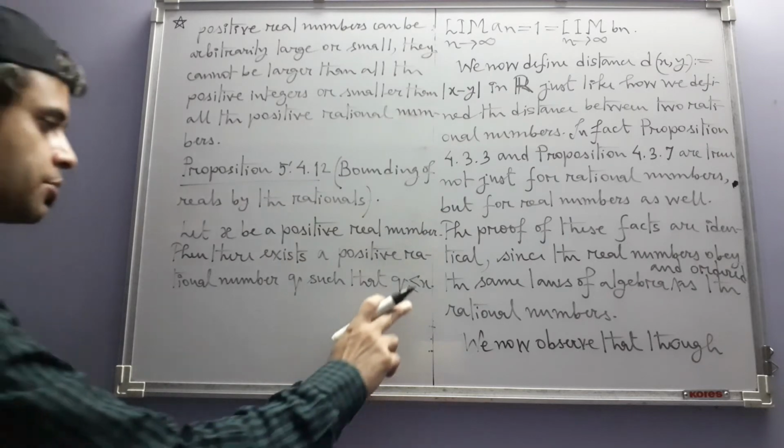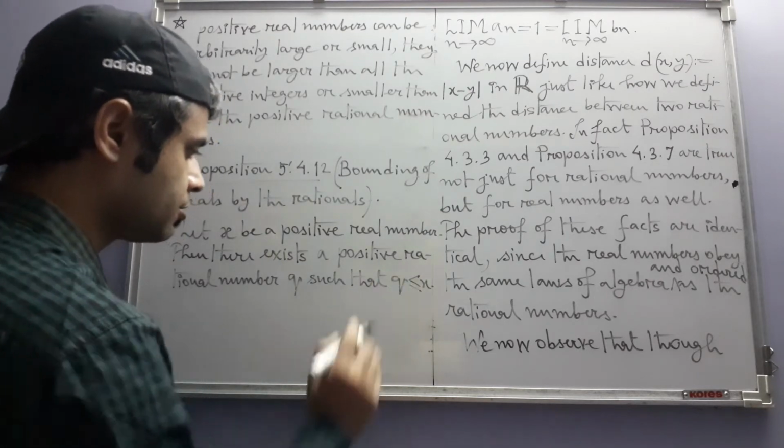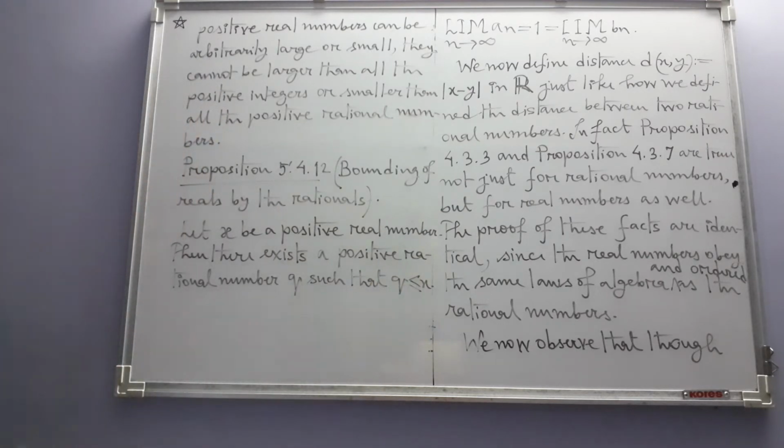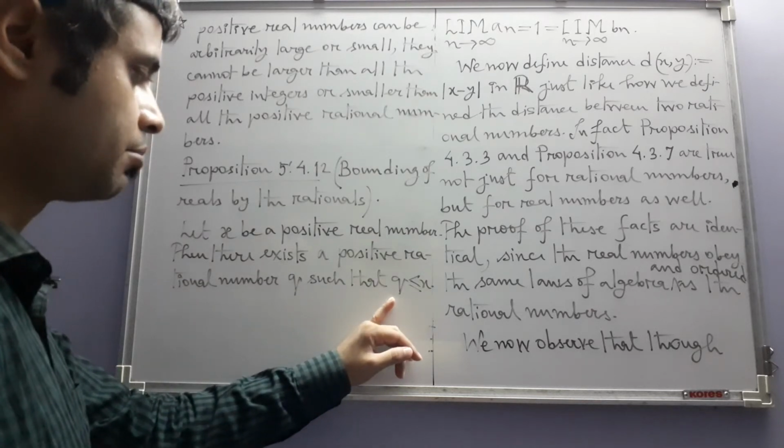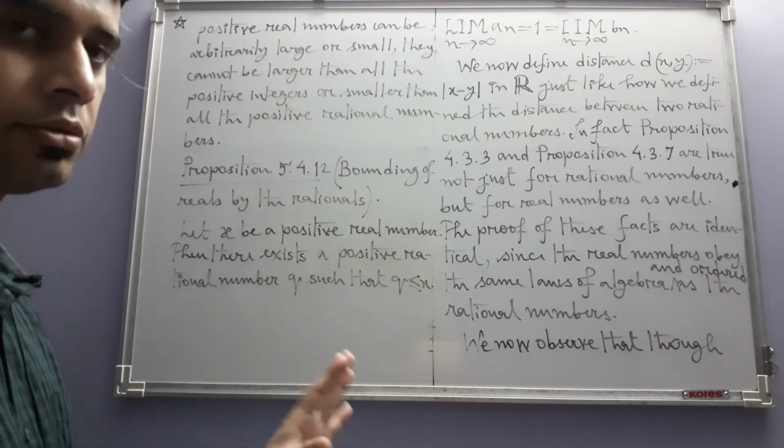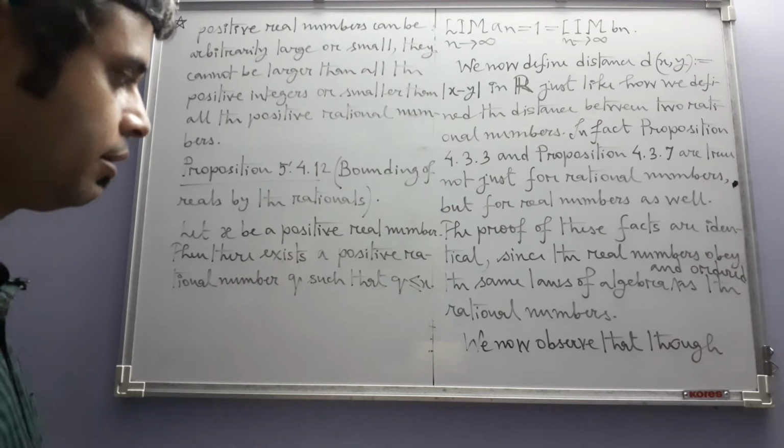No matter how small you choose x to be, you can always find a positive rational number that is either equal to x or smaller than x.